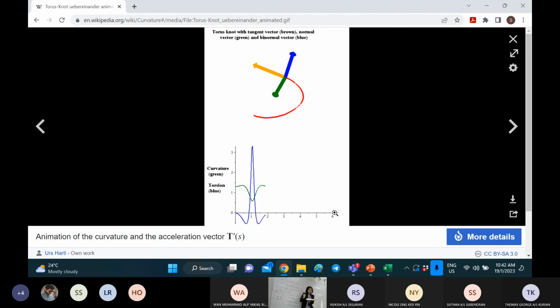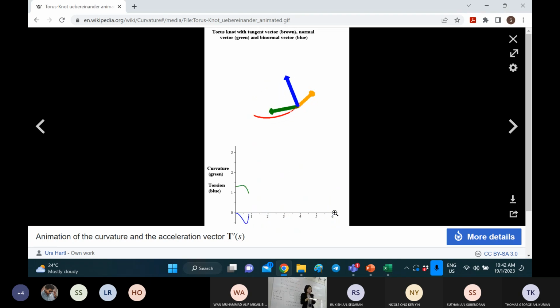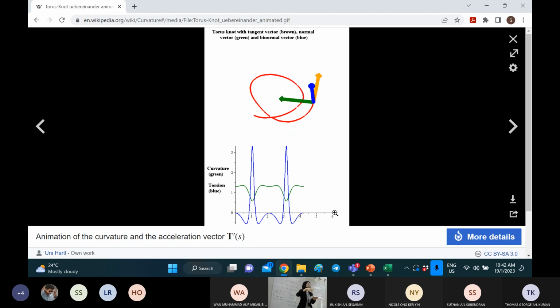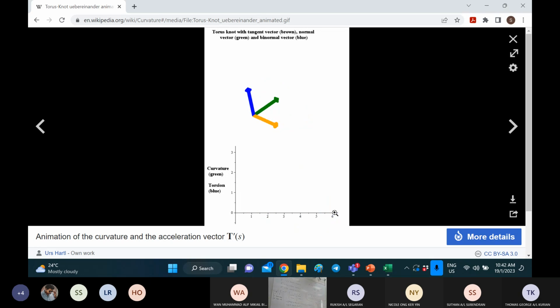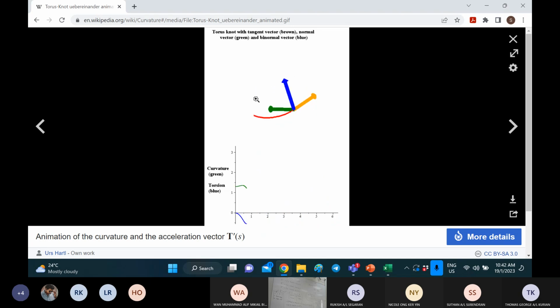You see this tangent vector, when it turns faster, the curvature is higher. But when it slowly turns, that is lower curvature. When it changes the direction of the tangent vector faster, the curvature is higher. So when you see these 3 points, this one is flatter compared to this point, right?